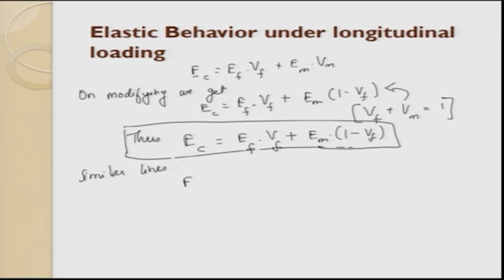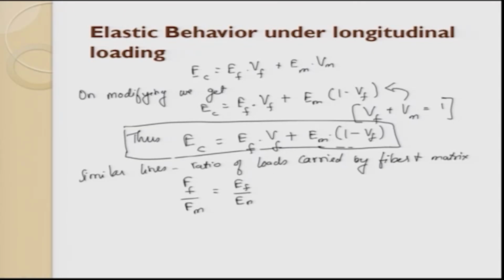So the ratio of loads carried by fiber and matrix is given as F of F divided by F of M, which is nothing but E of F divided by E of M into V of F by V of M. So if the response of the composite remains elastic, this proportion will be independent of the applied load.